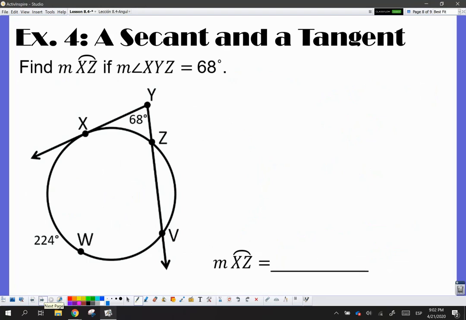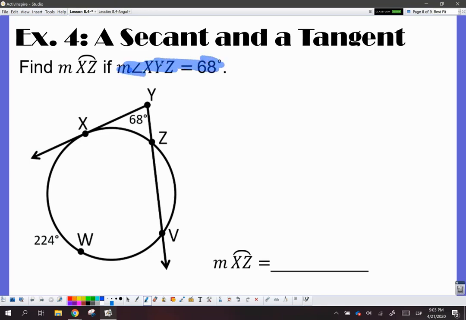So here is a secant and a tangent. I need to find the measure of arc XZ if the measure of angle XYZ is equal to 68 degrees. Again, I'm going to start by highlighting my given information. My angle, I'm going to highlight in blue.